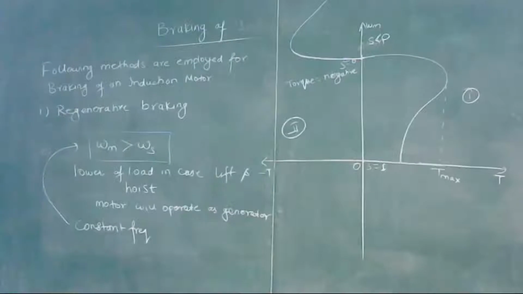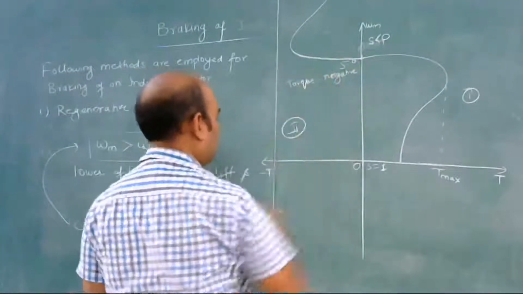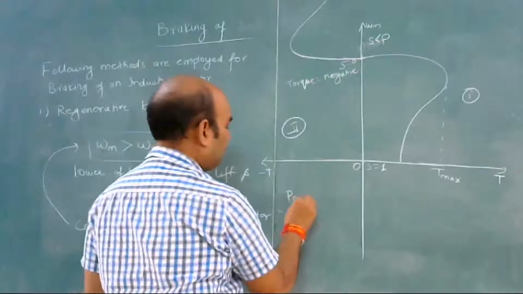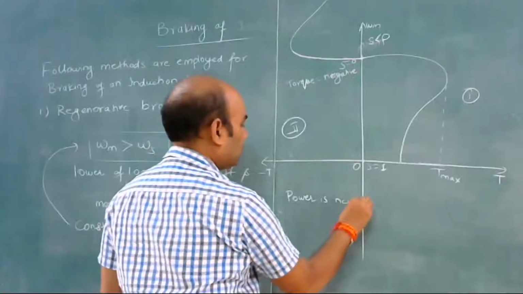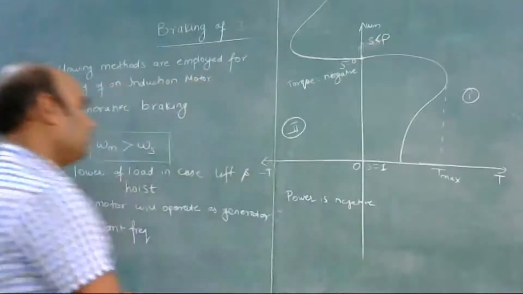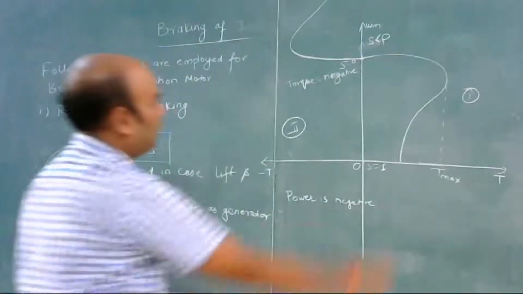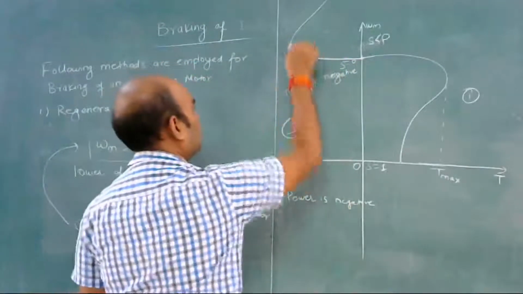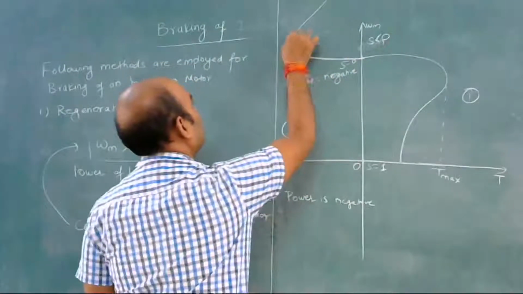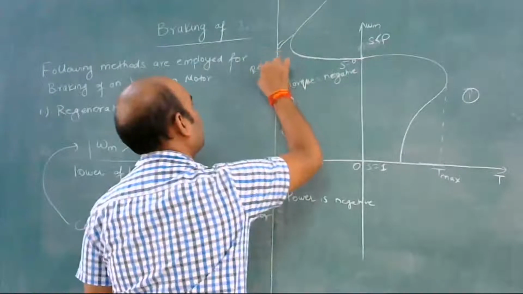Now the torque is negative, so power will also be negative, as we saw earlier. Power is negative, and the motor behaves as a generator. So this is regenerative braking.